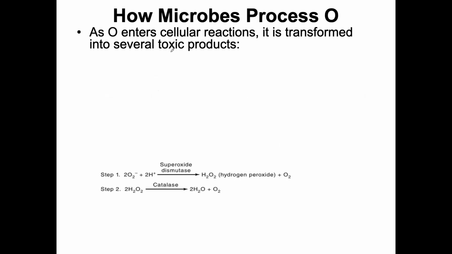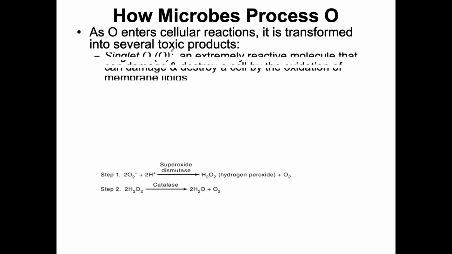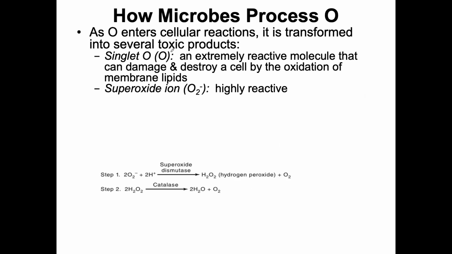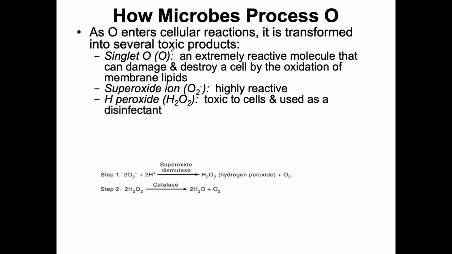Oxygen enters cellular reactions and is transformed into singlet oxygen, which is a toxin, it's bad, and superoxide, which is also dangerous, and hydrogen peroxide, which is toxic. So all of these are bad news, as are hydroxyl radicals.